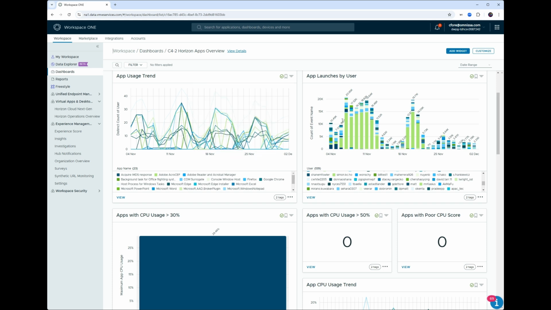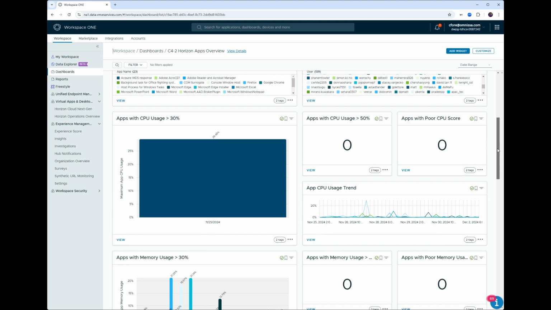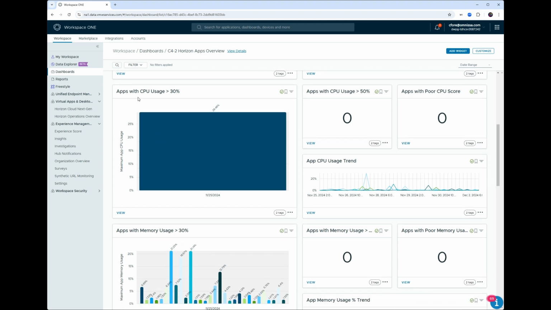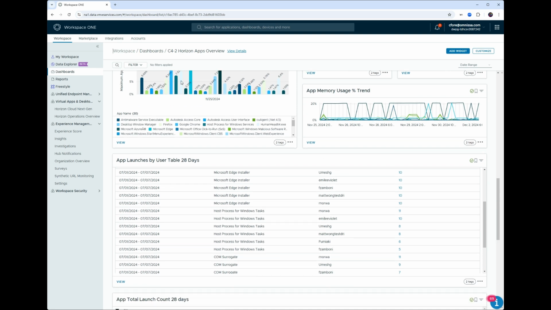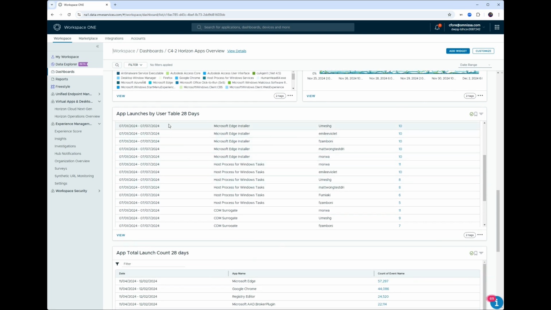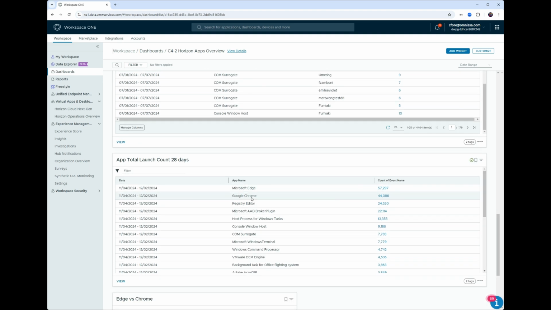Now, some of this is around utilization from an app perspective, looking at which apps are used the most, which users use the most apps. And then we get into application performance. I'm starting with CPU, then getting into memory, and then maybe I just want to get into utilization. So which apps are used the most by various users, or from an application perspective, which applications had the most total launches in the last 30 days.